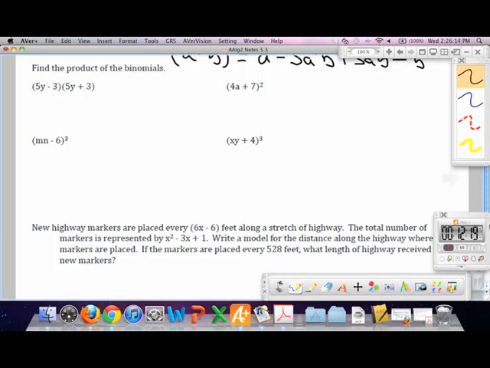With a being the first term, b being the second term, so square the first term, square 5y, 25y squared, b being 3, so minus b squared. You could come to this conclusion without needing to use a chart or any of that stuff.